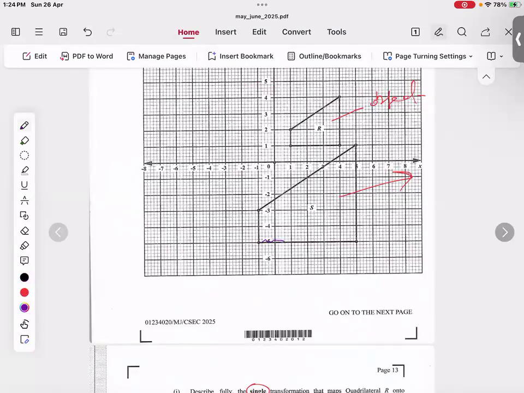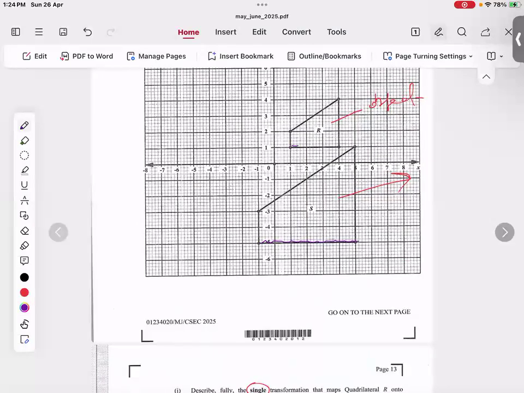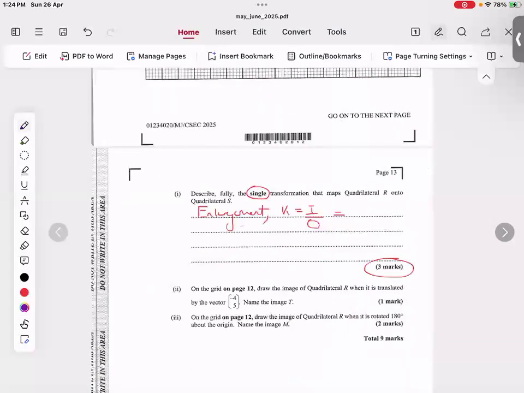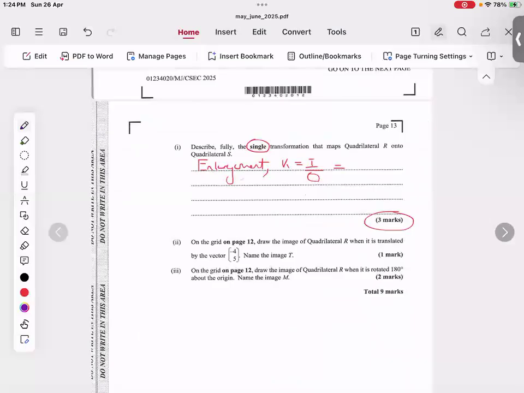What's the length of that line at the bottom, in terms of the squares? Correct, 6. And we compare it to the one up here, which is 3. So based on the formula, the scale factor is image, 6, over object, 3, which works out to 2.